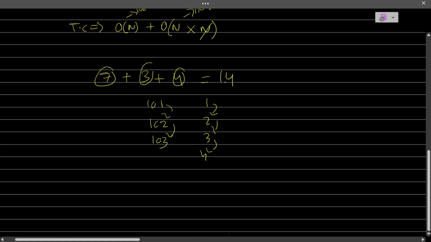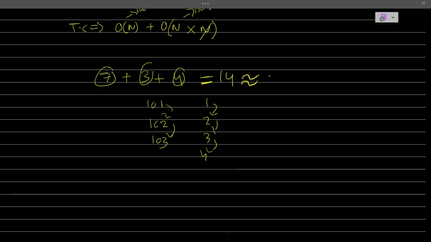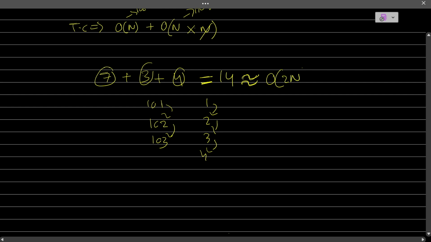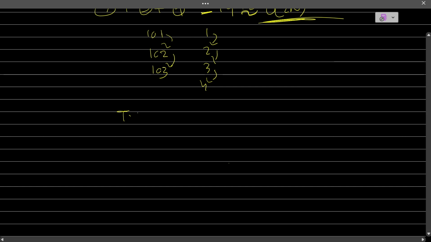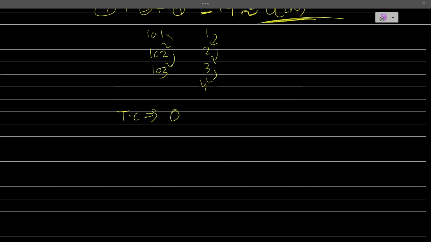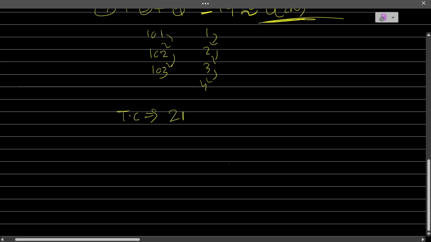Then it will be 14. Then the time complexity will approximately go big O of 2n, right? So then the time complexity will be 2n plus n is 3n. This is my time complexity.